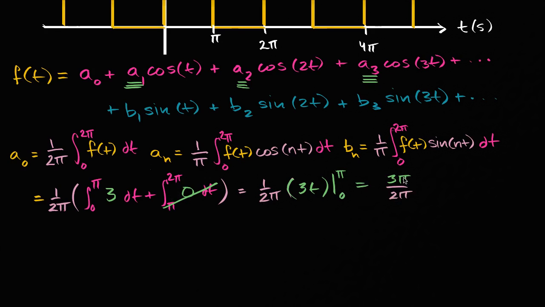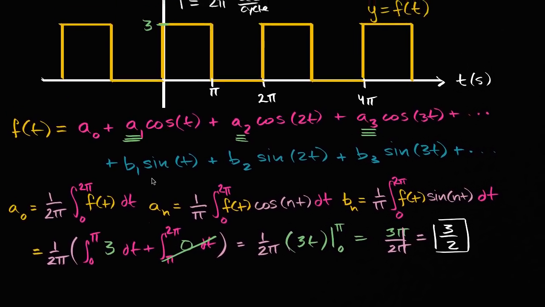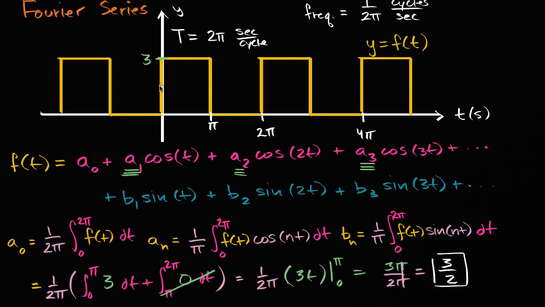And so this is going to be equal to 3 halves. And that makes a lot of sense, because a sub 0, we said you could view as the average value of the function over that interval. And the average value of that function is indeed, if it's 3 half the time and 0 the other half of the time, then the average is going to be 1.5, or 3 halves. So that is our a sub 0.